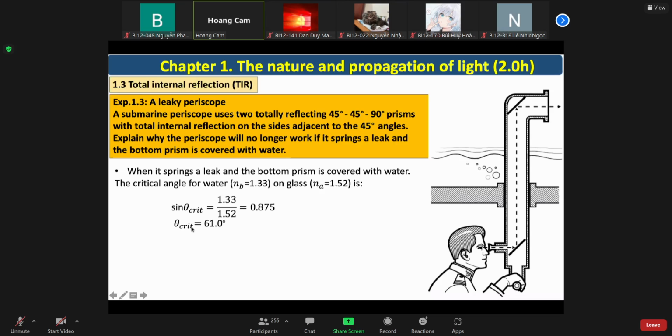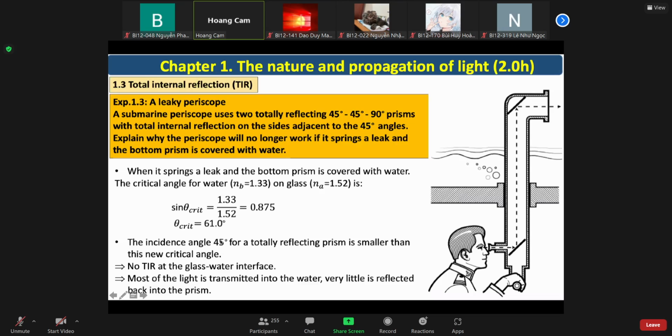So we calculate this value and compare it with the critical angle, but the angle of incidence is 45 degrees. It is not sufficient, right? It is not larger than the critical angle, even smaller. That's why we don't have TIR anymore. So it is a so-called leaky periscope, and it will destroy the scope.